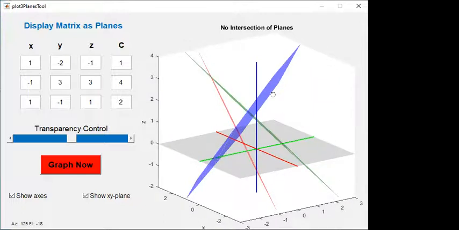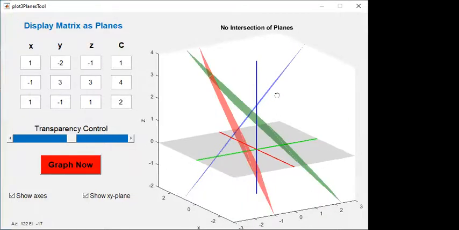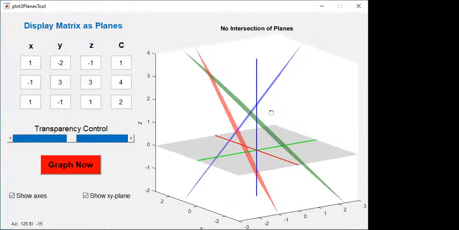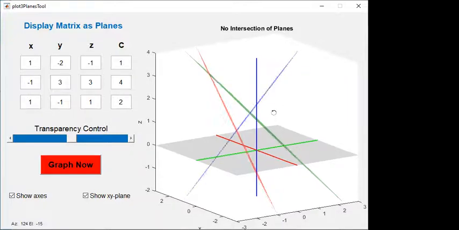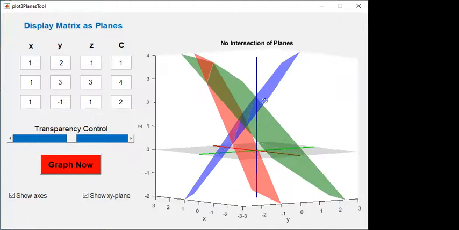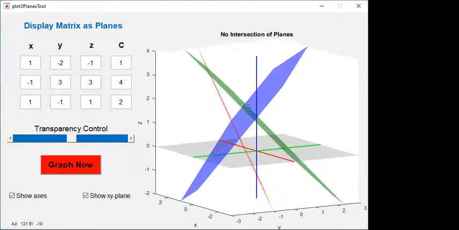What we have are three planes whose lines of intersection are all parallel to each other. So instead of the lines of intersection meeting at a point, they are all parallel to each other. Because of that, this system of equations has no answers. It's unsolvable. There would be no solution for x, y, and z.